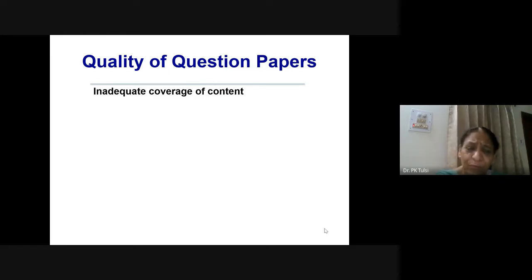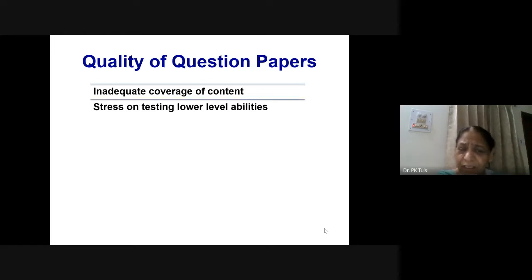Most questions come with define, compare, explain, enlist, state, describe. People don't go beyond application to analyzing, evaluating, and creating. Hardly any question paper has a design component; maybe we find a few design questions.